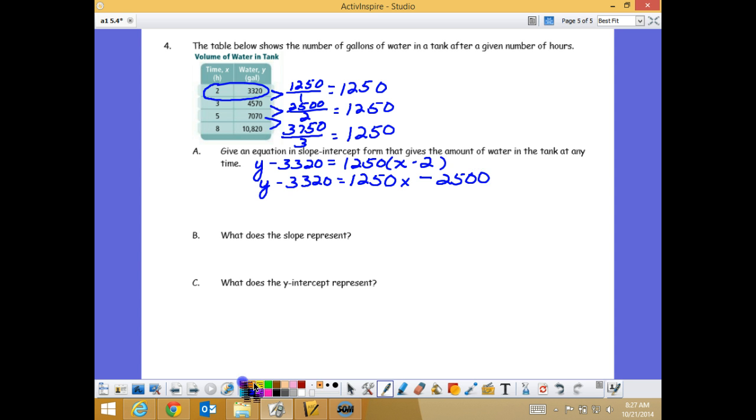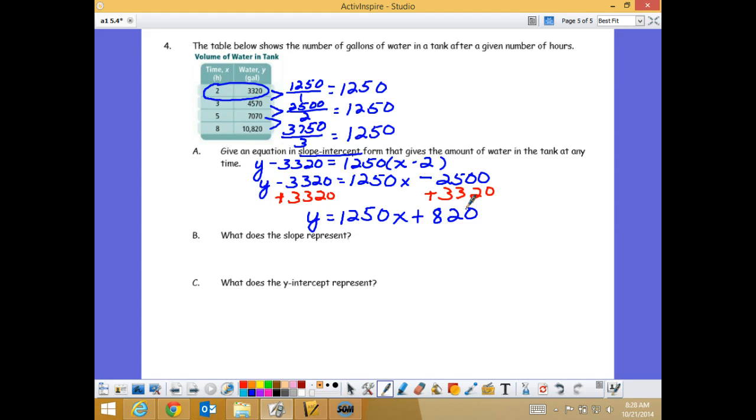And finally, we are going to add 3,320 to both sides to solve for y. So our final equation in slope-intercept form is 1,250x plus 820.